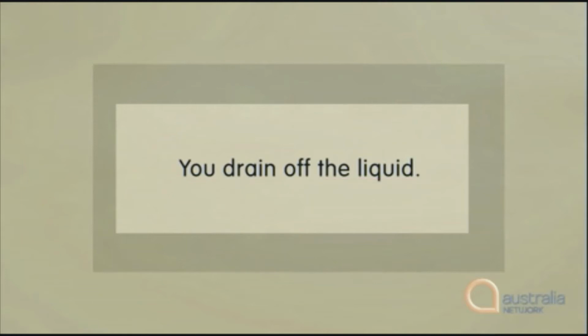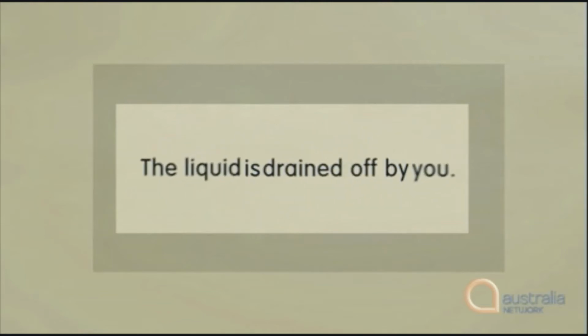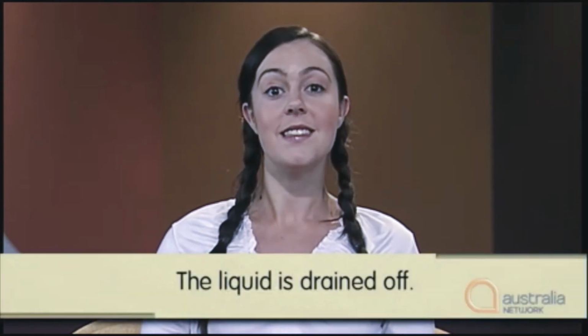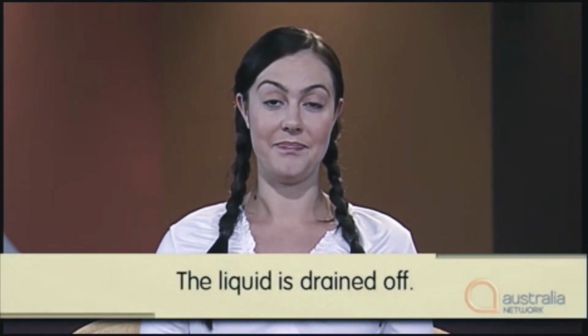So, to form a passive sentence, we'll need to turn the sentence around into object, verb, subject. Notice that we add the word by. The liquid is drained off by you. But in a process, we don't need to include the agent of the verb, so it usually gets left out.